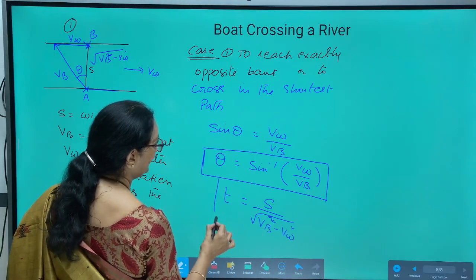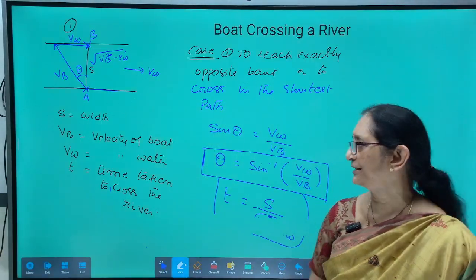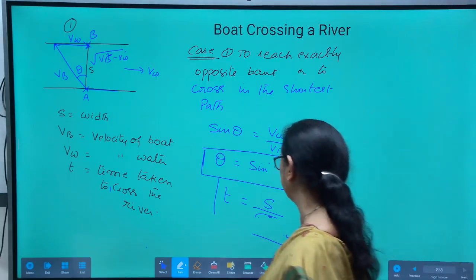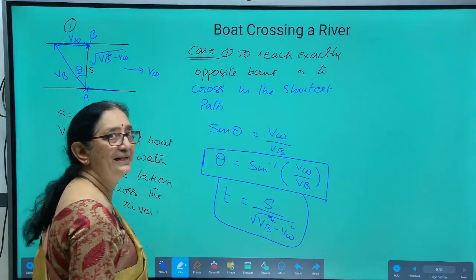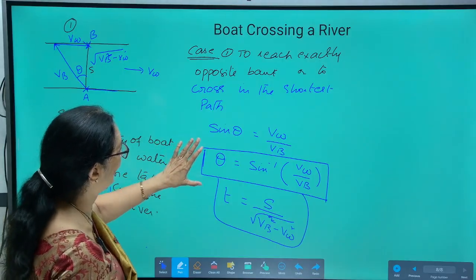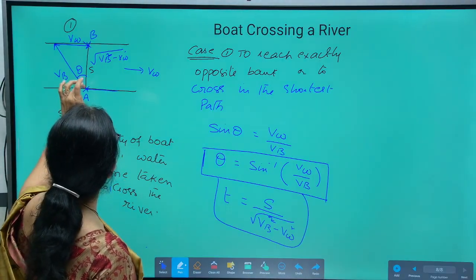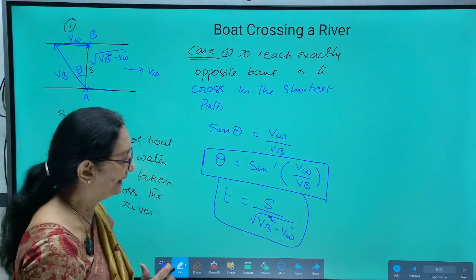Hence, the time taken by the boat to reach exactly the opposite bank is S by root of VB square minus VW square. So, this is the case where we wanted to reach exactly the opposite bank while crossing the river.